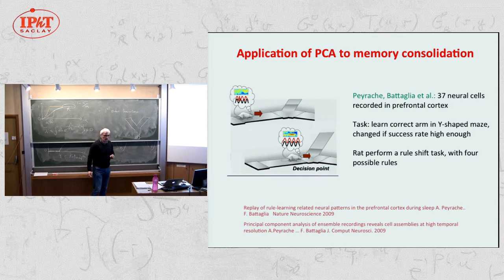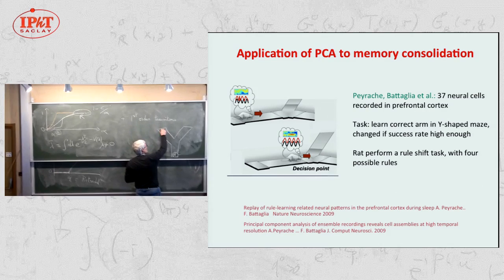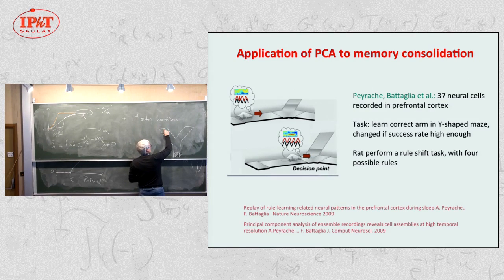The rule can be, for instance, go to the left arm. That means if the rat goes left and reaches this point, it will be given some food. If it goes right, it will be given nothing, no reward. As you start with the rat here, it will take some trials before the rat understands that it has to go left.